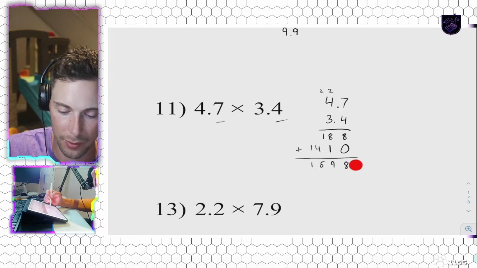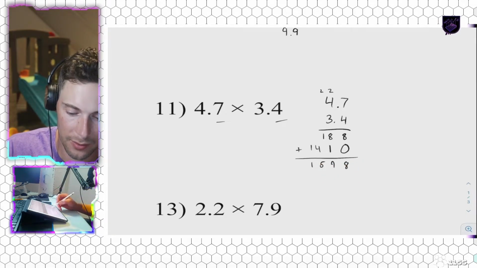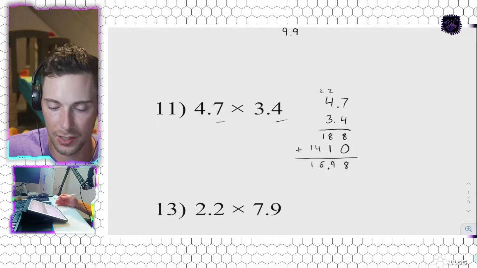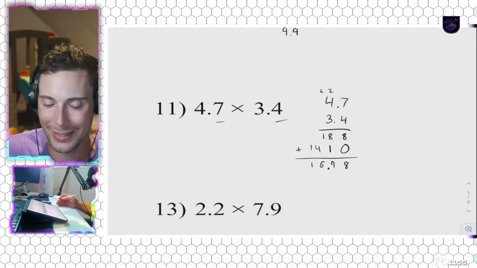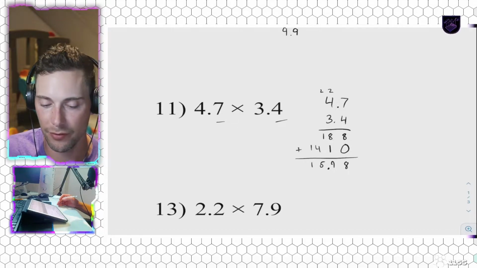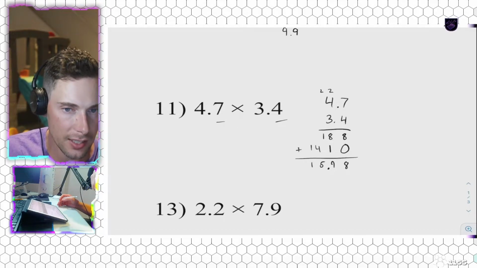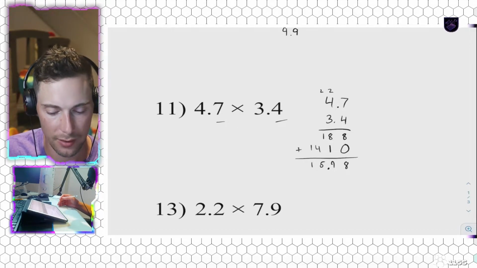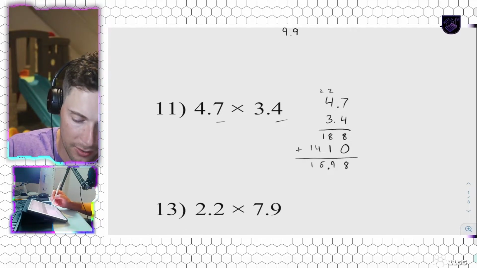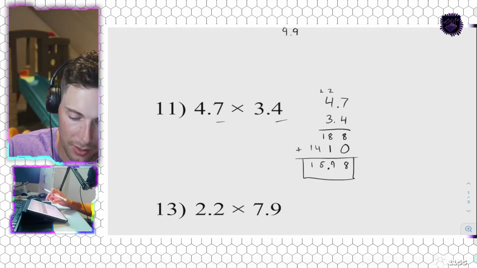So we're going to move 1, 2 place values over to 15.98. So 4.7 times 3.4 is 15.98.